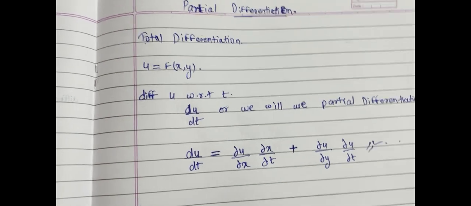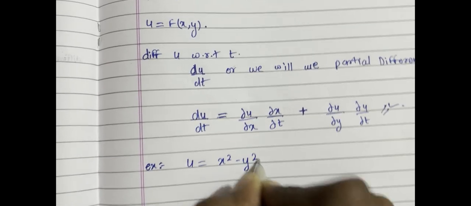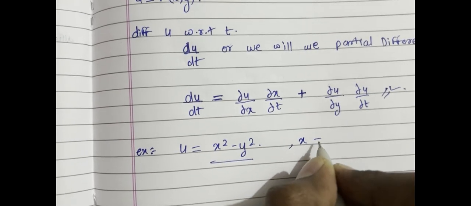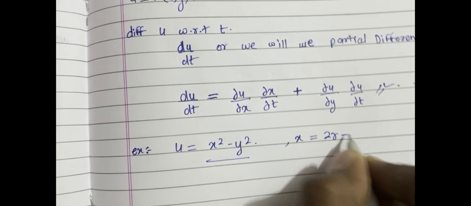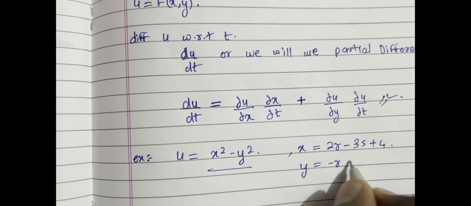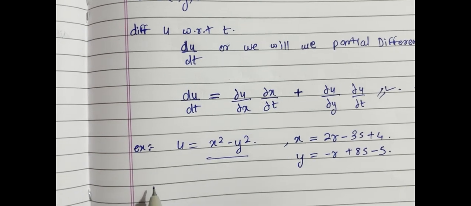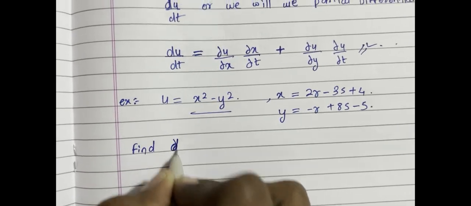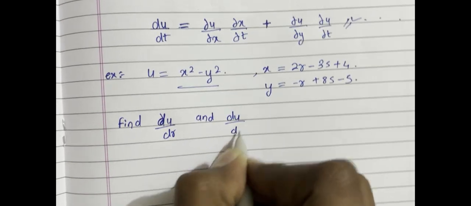Let's take an example. We have u is equal to x square minus y square. U is in terms of x and y, and x is equal to 2r minus 3s plus 4, and y is equal to minus r plus 8s minus 5, and we have to find du by dr and du by ds.